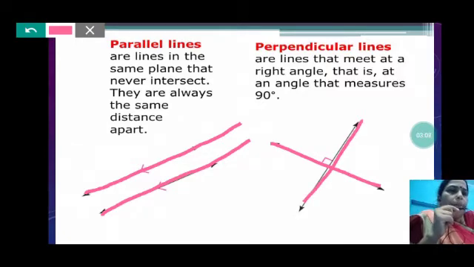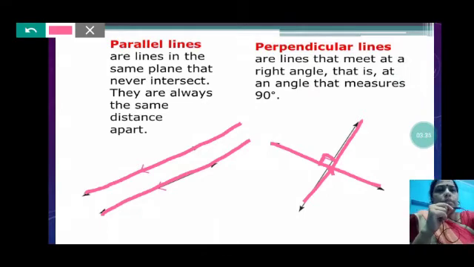They are intersecting each other, cutting each other at this point, and making an angle of 90 degrees. Perpendicular lines make a right angle, and we have learned before that a right angle measures 90 degrees.